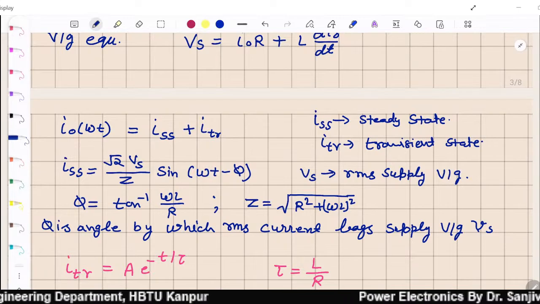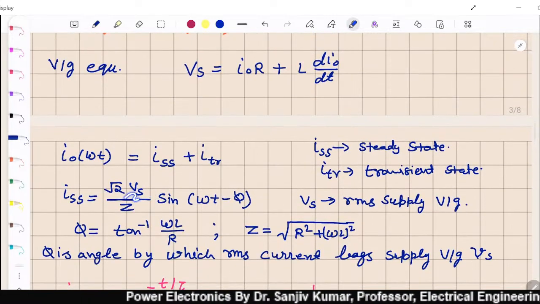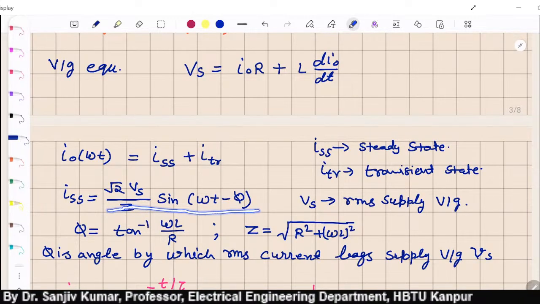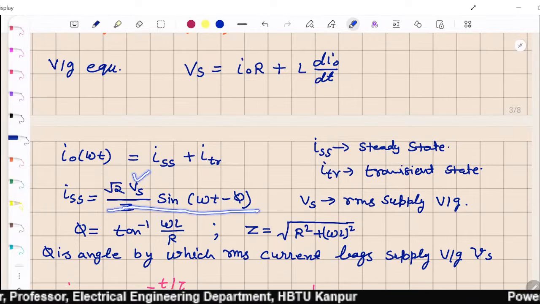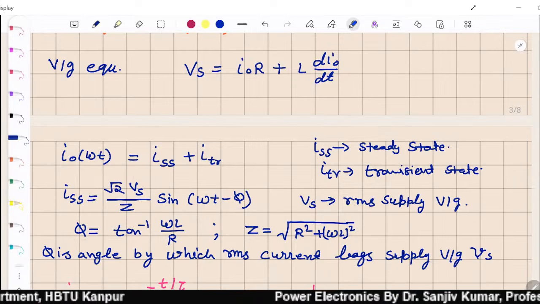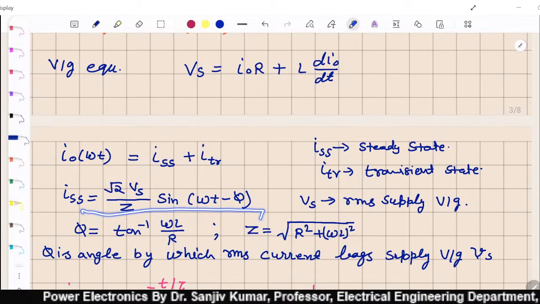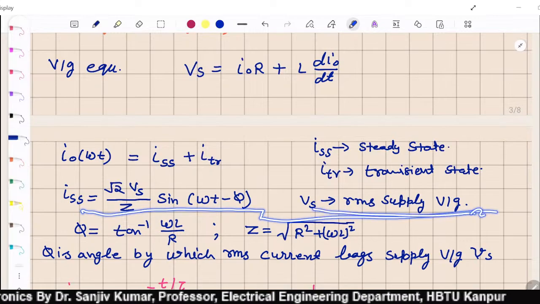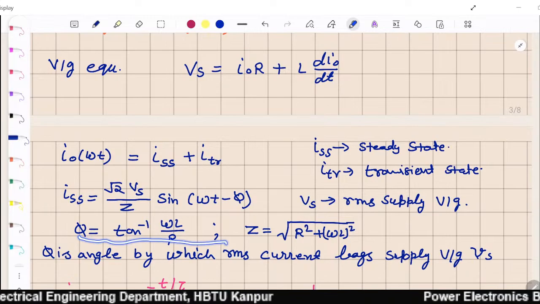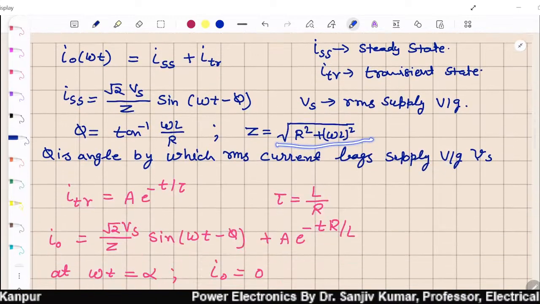So this is our steady state value, which is equal to root Vm by Z sine of omega t minus phi, where Vm is equal to root 2 Vs and Vs is the RMS voltage of the supply. Phi is given by tan inverse omega L by R, and Z is as usual root of R square plus omega L square.